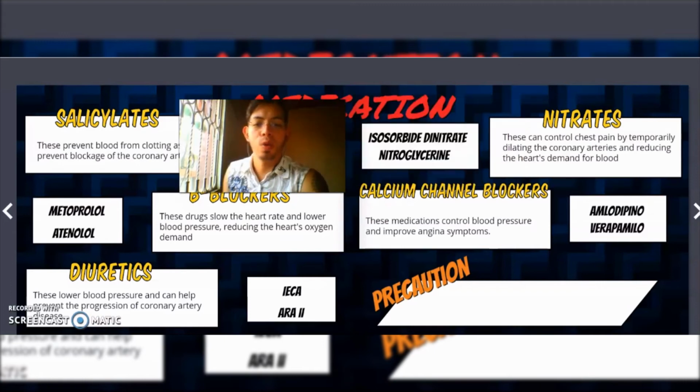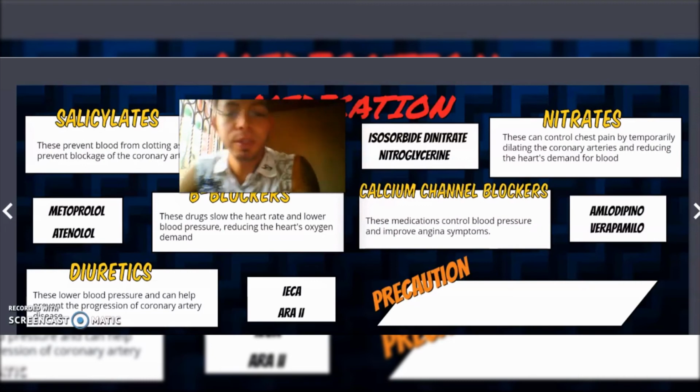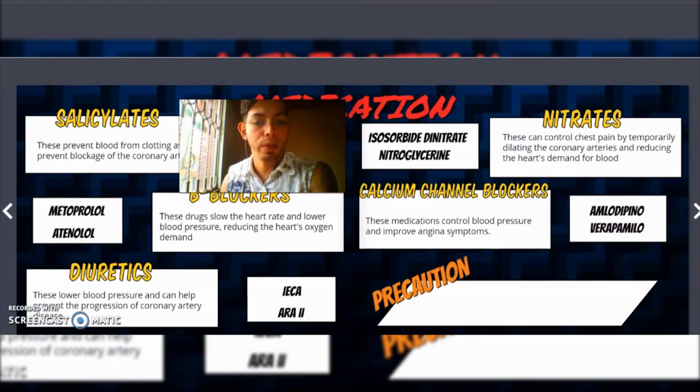We also find nitrates. These can control chest pain by temporarily dilating the coronary arteries and reducing the blood demand of the heart, such as isosorbide nitrates and nitroglycerin.